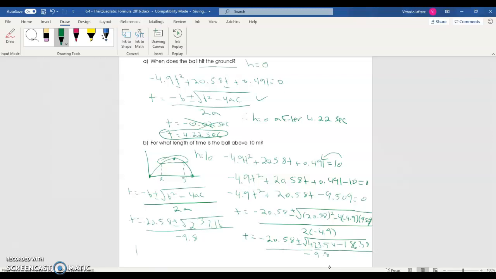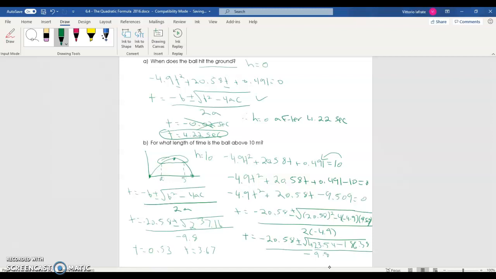And when you do that, you're going to see that you'll get two values, and I'll let you figure that out. Plugging it into my calculator, you get t is equal to 0.53 seconds, and also t is equal to 3.67 seconds. So that's what these values are here.